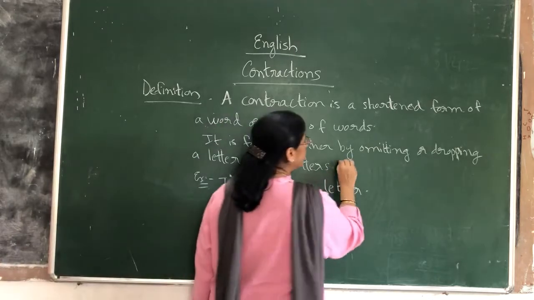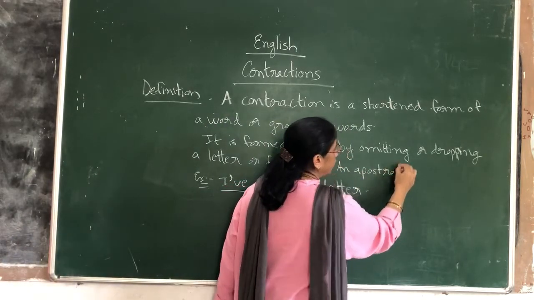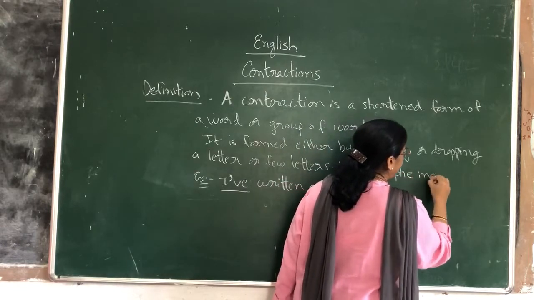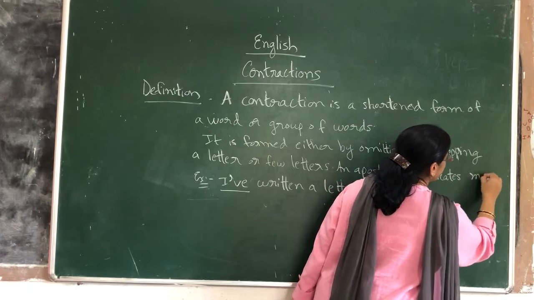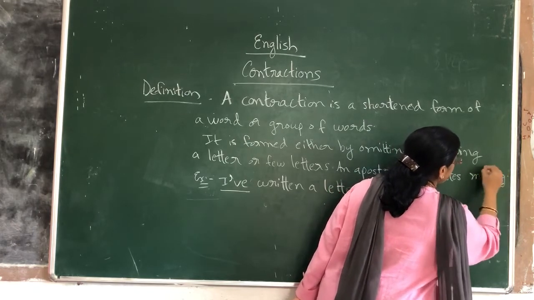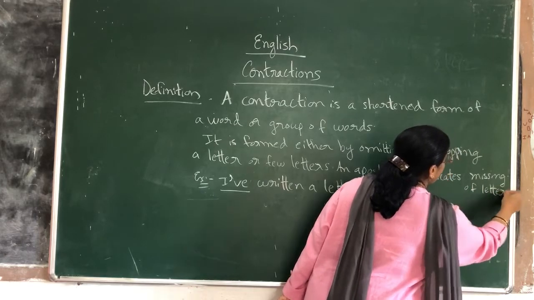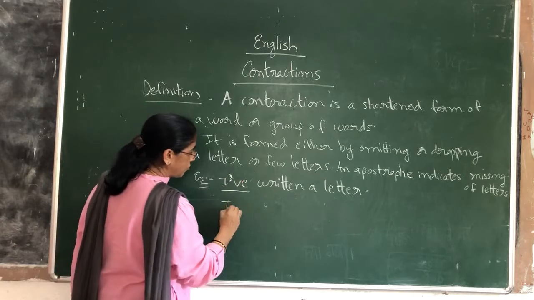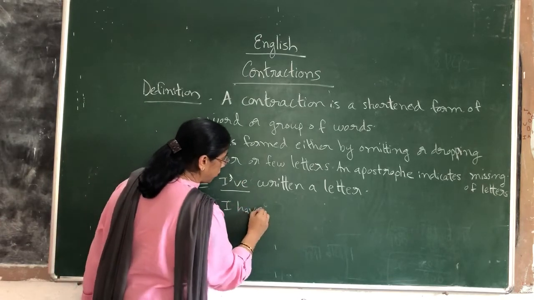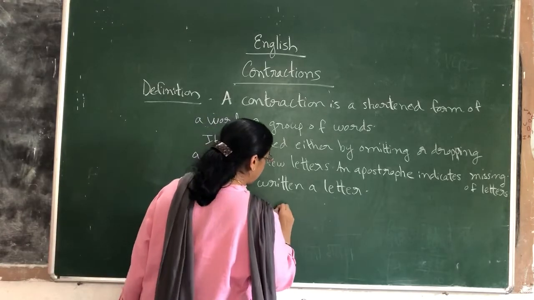Generally, an apostrophe indicates missing of letters. Okay, children? This one. So, coming to the point, I've is there. So, what should we write in a full form? This is a shortened form. So, what is the full form? I have written a letter.